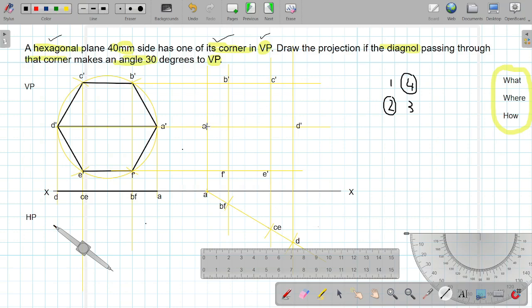Starting from A going up to B, then from B going to C, from C to D, D to E, E to F and F to A. All this you need to join by scale. So this completes the construction part.